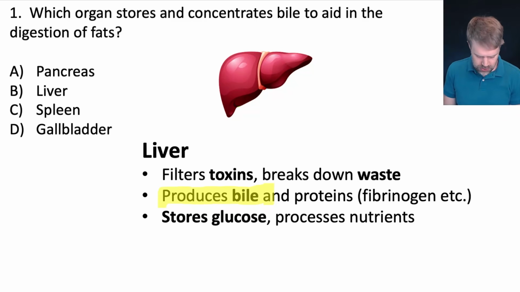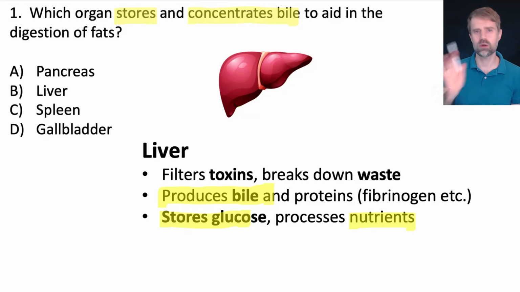And it stores glucose and processes nutrients. Here's a big mistake many people are going to make. They've learned that the liver produces bile, and they're going to choose B. But this question is saying who stores and concentrates bile. It's not saying who produces it.